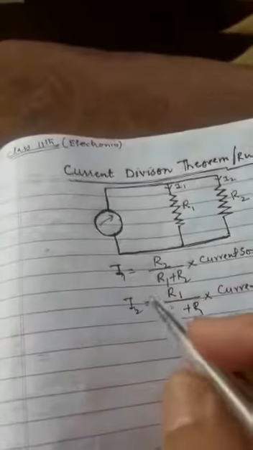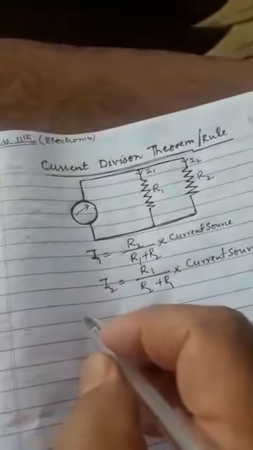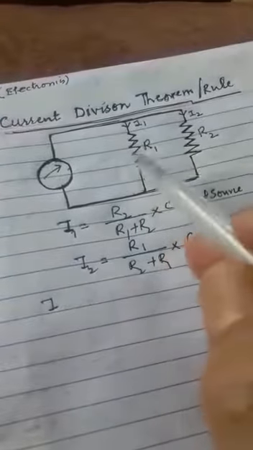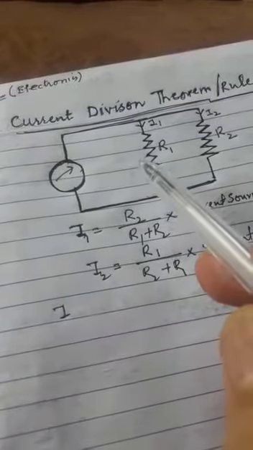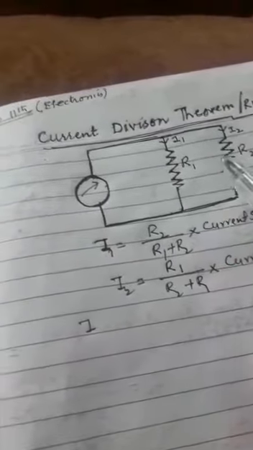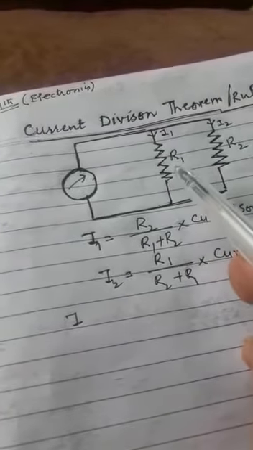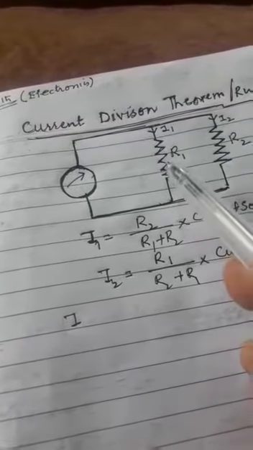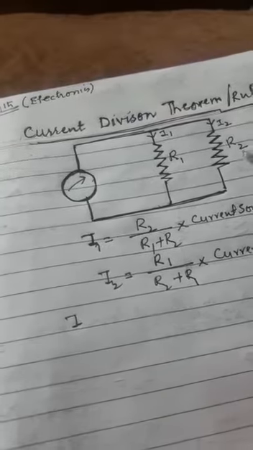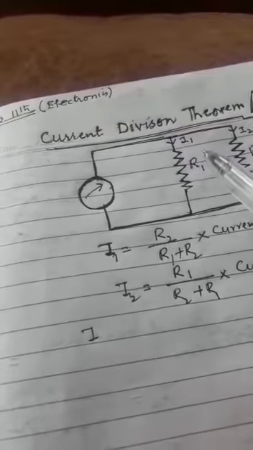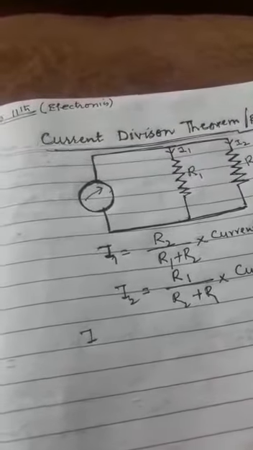When you are connecting resistors in parallel to each other, this R1 is connected parallel to R2. So when you are connecting these resistors in parallel fashion, you are taking current in divisions.